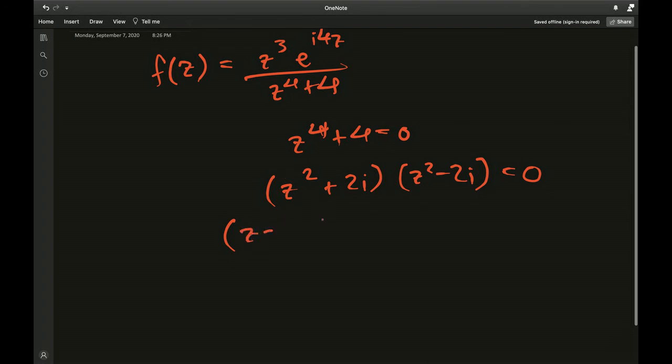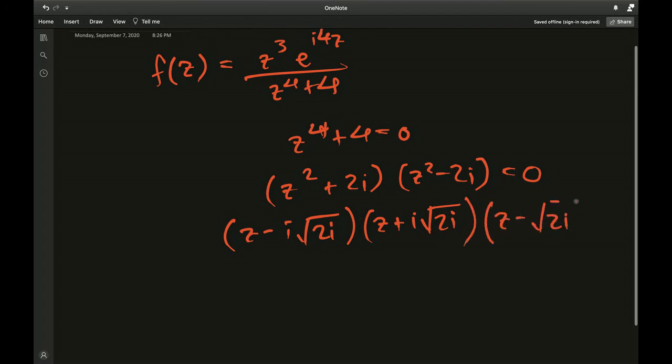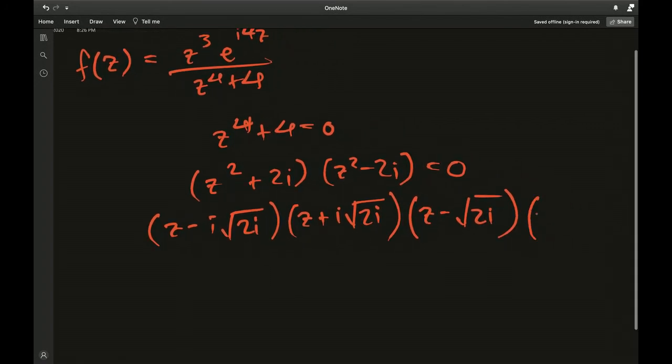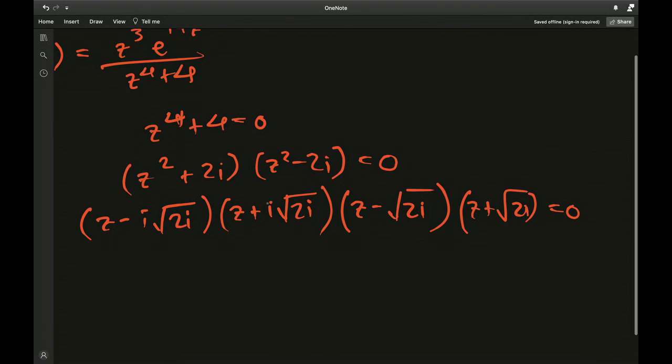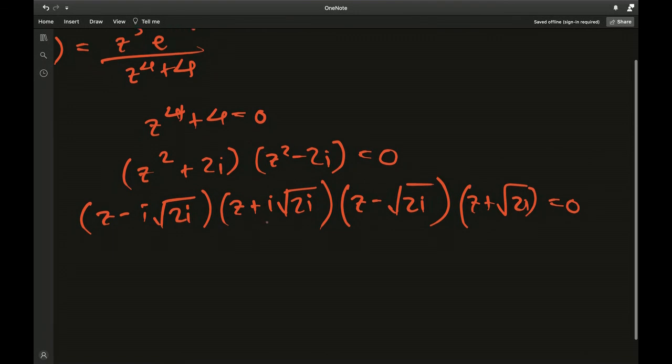Z minus i times square root of 2i, z plus i times square root of 2i, and both of these guys are under root, and z minus square root of 2i, z plus square root of 2i is equal to 0. This is just difference of squares identity all over again.